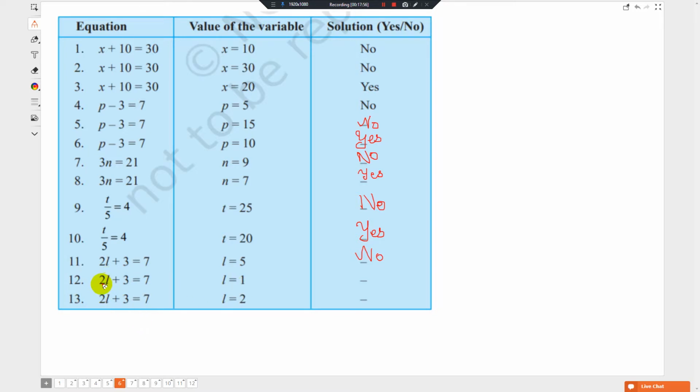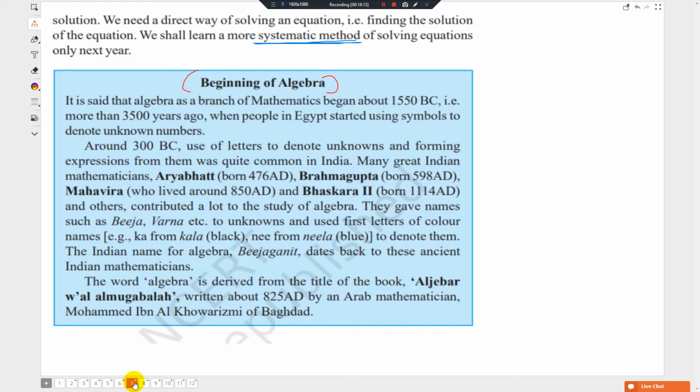Two ones are 2. Plus 3, 5. That comes no. And we'll see the last one. l is equal to 2. So 2 twos are 4. 4 plus 3, 7. That comes. That's how we do the trial and error method.